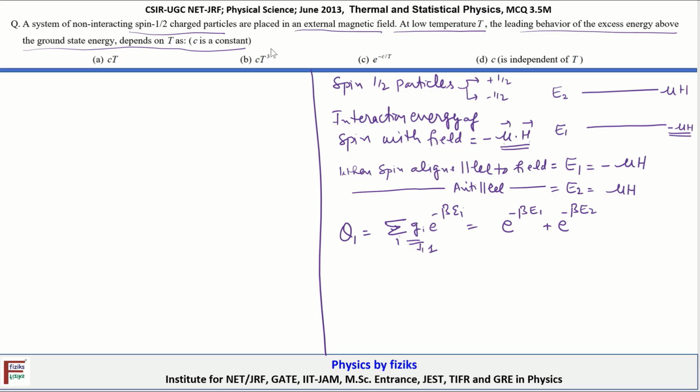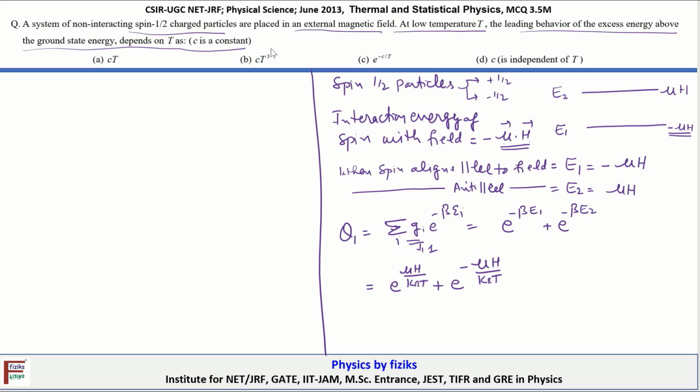E1 is equal to minus mu H, so minus becomes plus: exponential mu H by kT plus exponential minus mu H by kT. So that's the partition function.